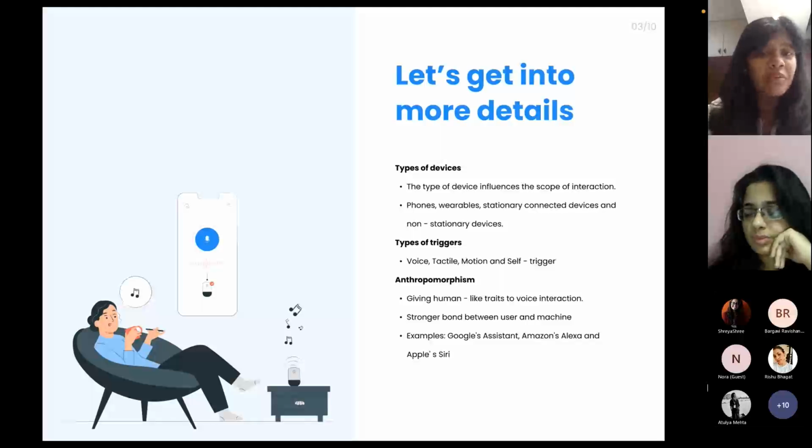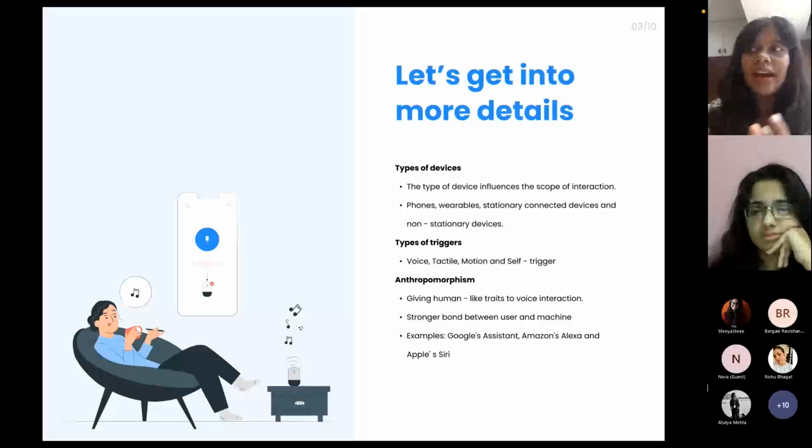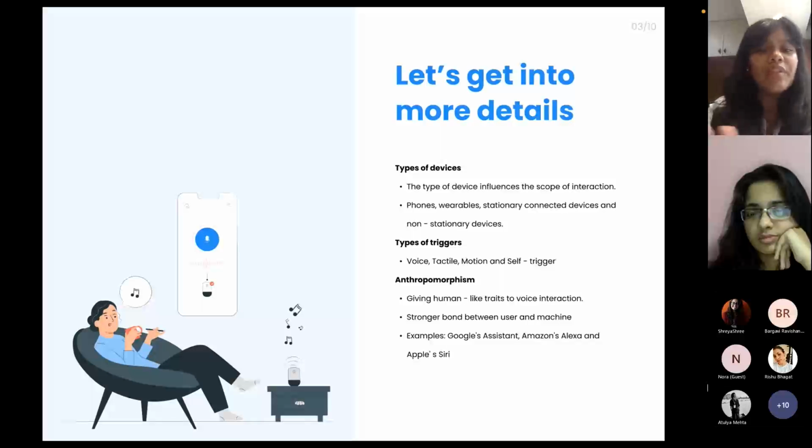We have phones, we have wearables. Wearables are like your Apple Watch or your Fitbits. You have stationary connected devices that are a part of our home, for example, like Alexa. And we have non-stationary devices that we can carry with ourselves, for example, our navigation systems in our cars. So depending on the device, the scope of interaction varies.